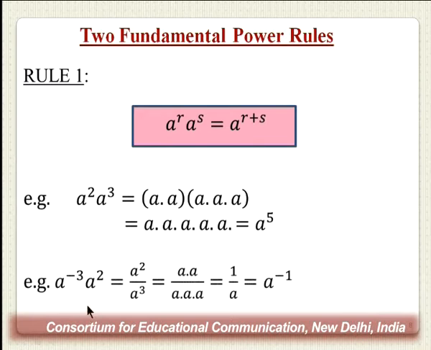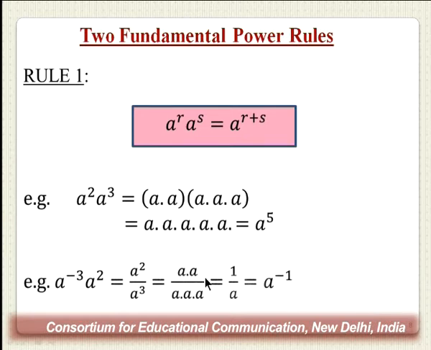Similarly, I could even have negative integers as exponents in some parts here. So for example, if r is equal to minus 3 and s is equal to 2, we have already shown that a to the power minus 3 is nothing but 1 upon a to the power 3. So that then becomes a squared divided by a cubed, and this you can see here.